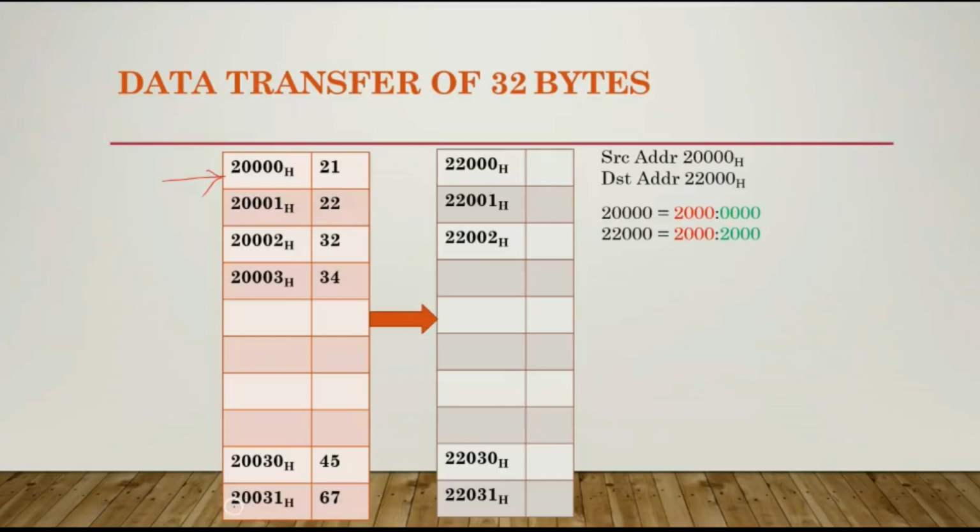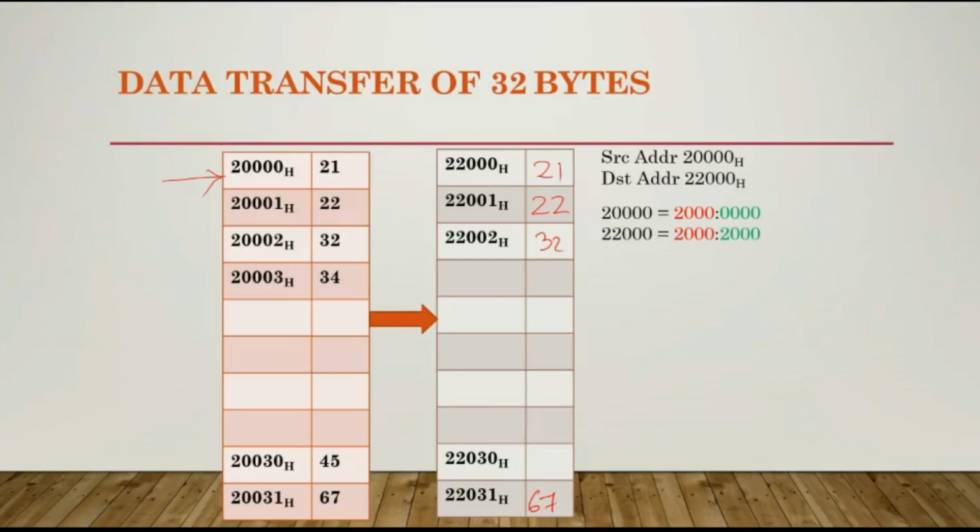Up to 20031H, this data needs to be transferred or copied onto another memory location starting from 22000. After this program, my 22000 will have data 21 in it, 22001 will have data 22 in it, and so on.